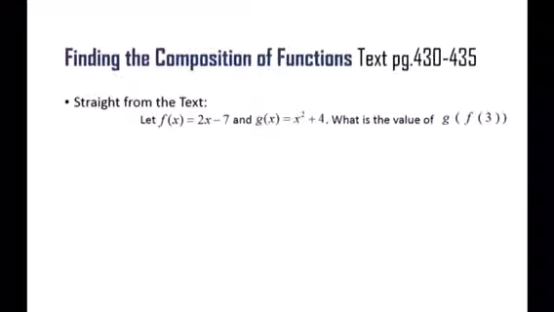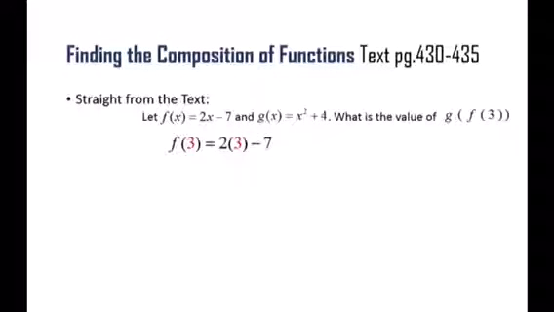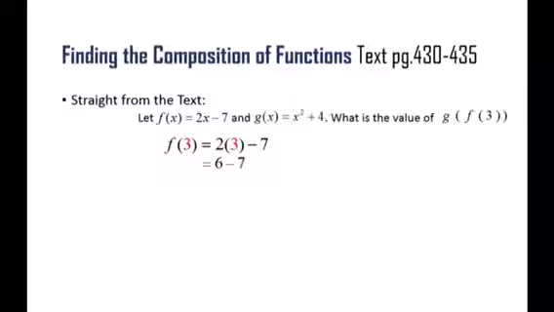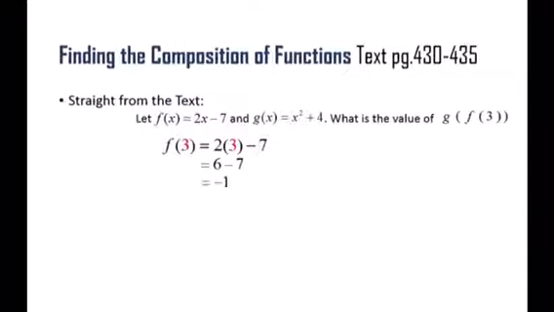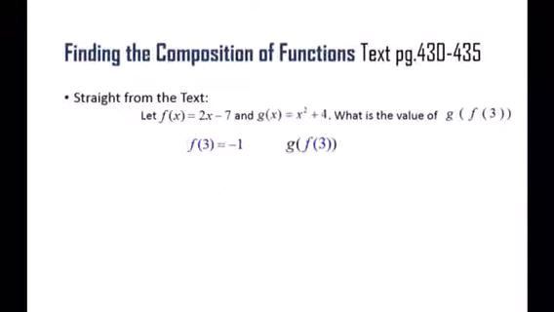Straight from the text. Let f(x) equals 2x minus 7, and g(x) equals x squared plus 4. What is the value of g of f of 3? First, plug 3 into f. So f(3) equals 2 times 3 minus 7, which simplifies to 6 minus 7, and to negative 1.